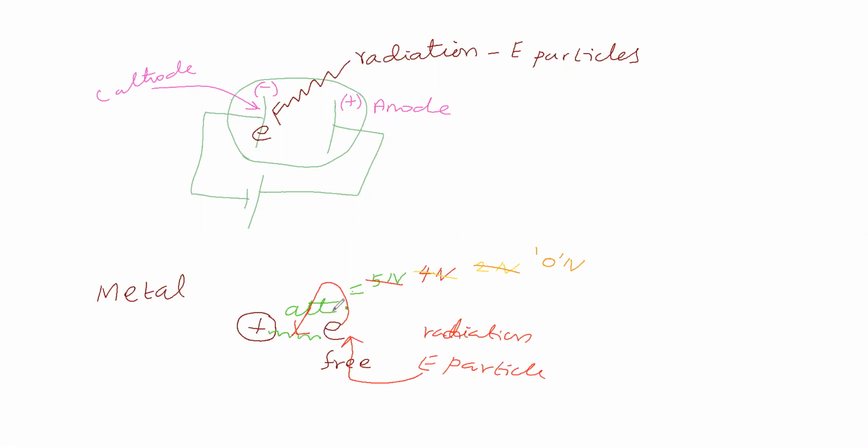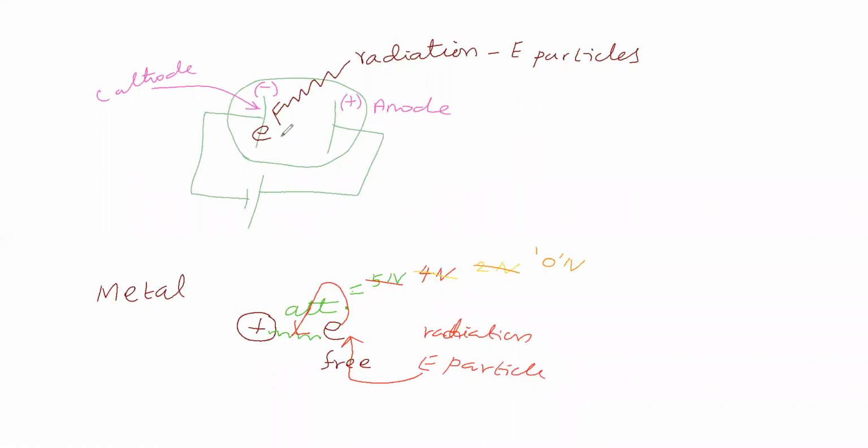Okay, you are saying detached. That means this electron is no longer bound around the nucleus. It is no longer in the metal atom. It is detached, meaning it came out from the metal atom.